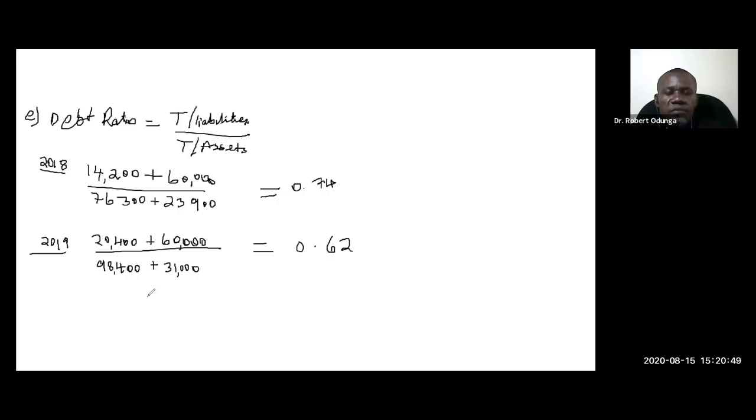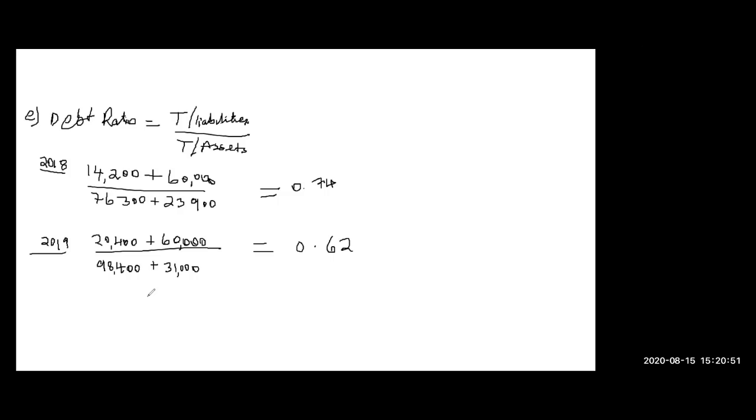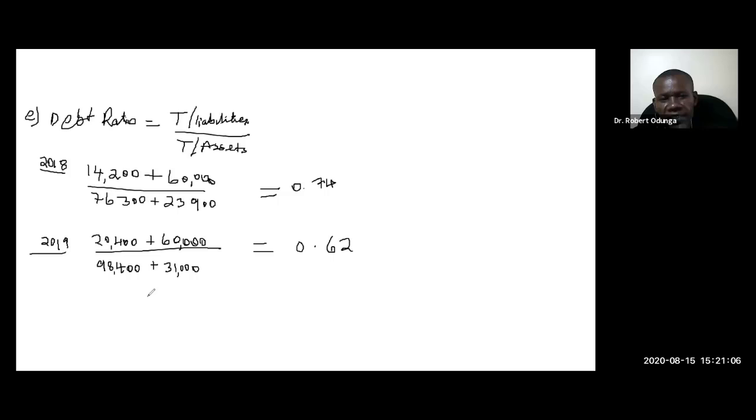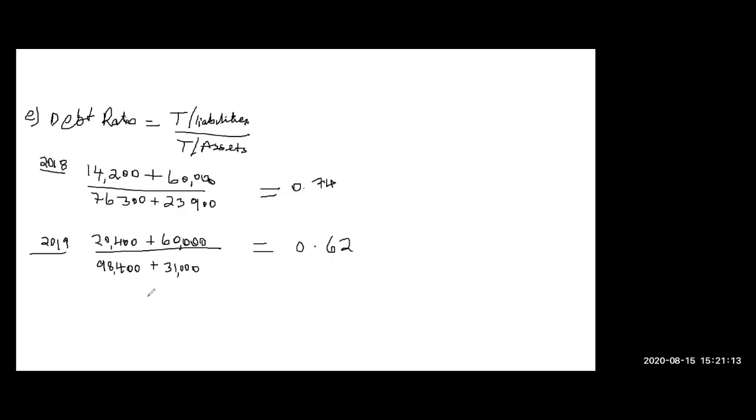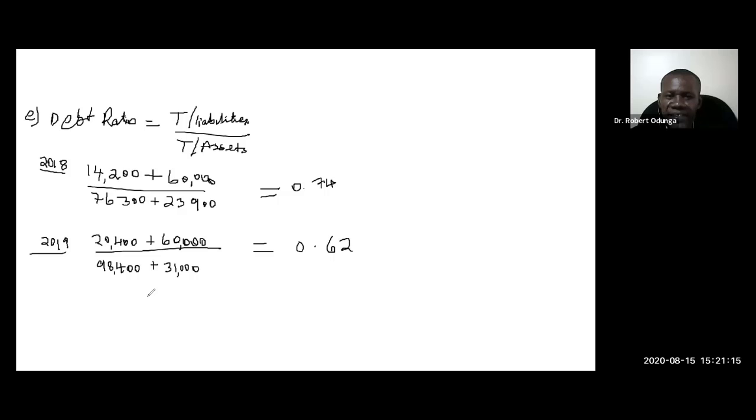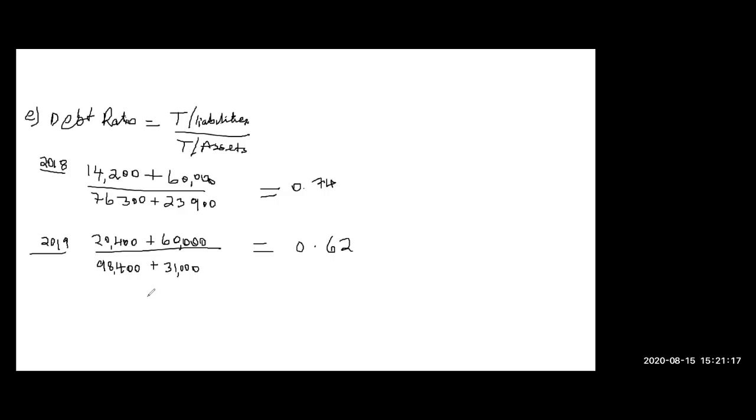We are financing with liabilities in the first case, but in the second case it's reduced, so interest decreases. We are doing better because the proportion of our liabilities in our total assets is higher in 2018 than it is in 2019.